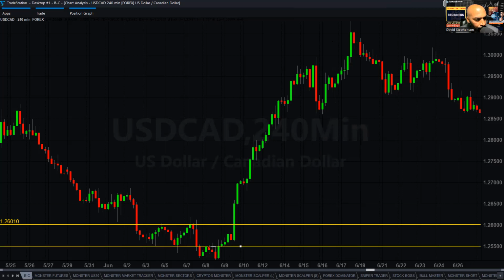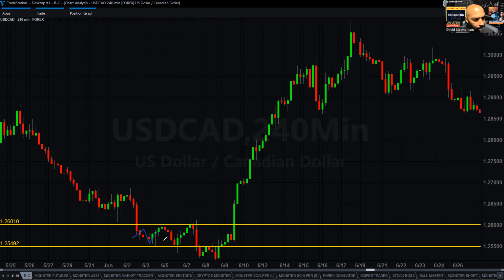And we'll say support is right here. So here is your cage. Can we say that price broke out of the cage right here? Yes. So we would have bought there.